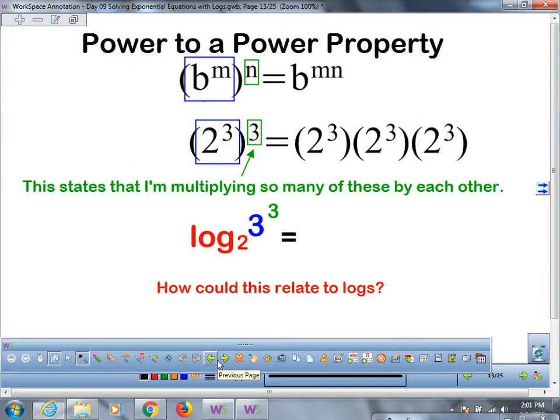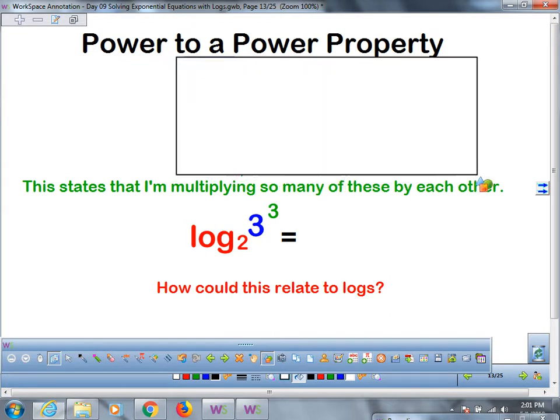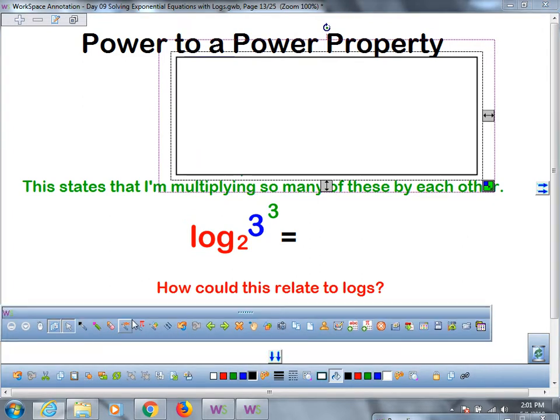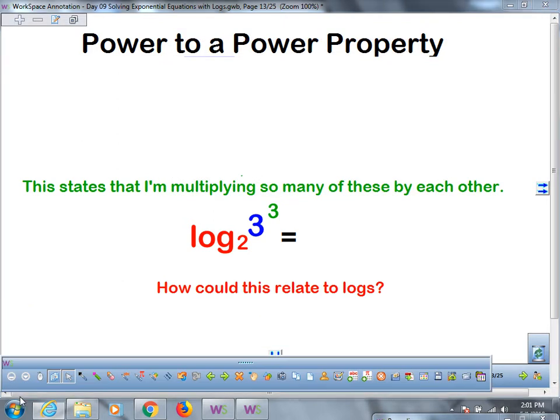All right, so if everybody agrees with that, let me just cover this up, and let's talk about power to a power when it's a log. Logarithms are what? Exponents.